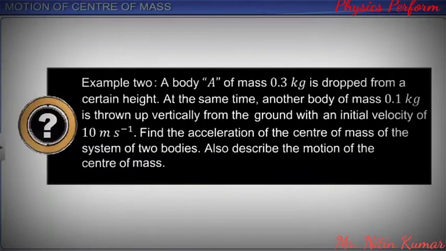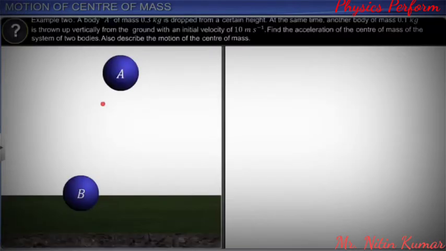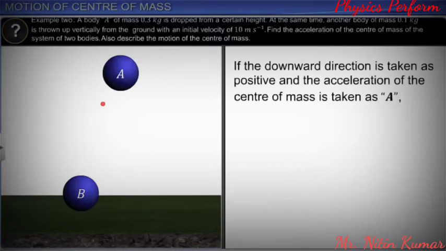Now, let us find the acceleration of the center of mass of the system of two bodies discussed in the earlier example. We will also describe the motion of the center of mass. Solution: if the downward direction is taken as positive and the acceleration of the center of mass is taken as a, then the acceleration of A is equal to the acceleration of B, which is equal to g.